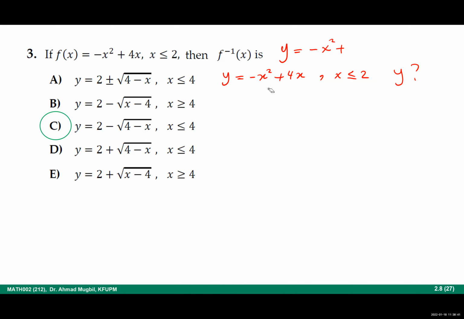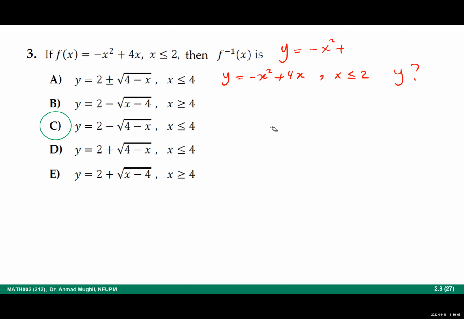Multiplying both sides by negative is not a good idea because you will change the function. If you multiply both sides by negative, you will have negative of the function equals x squared minus 4x. We are looking for the inverse of the function, not the inverse of the negative of the function. So do not do that. This may be the reason you made a mistake.